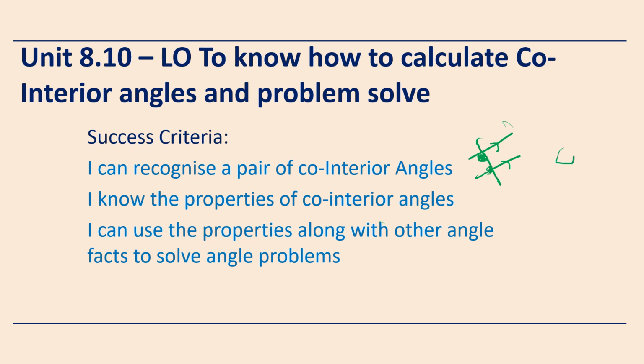They make a U shape or a C shape. The properties, they add to 180, and this skill you need to develop by practicing it. So combining other facts and spotting patterns and spotting ways of doing it.